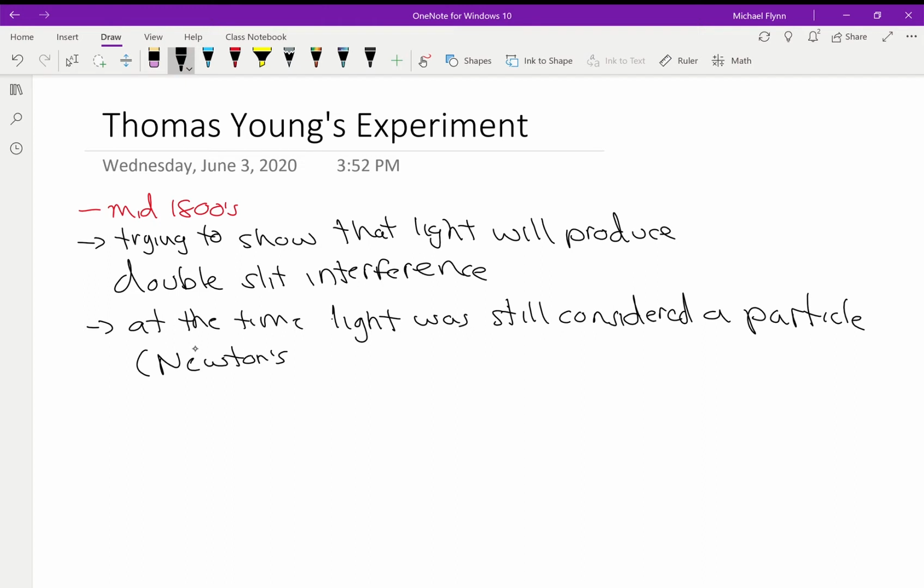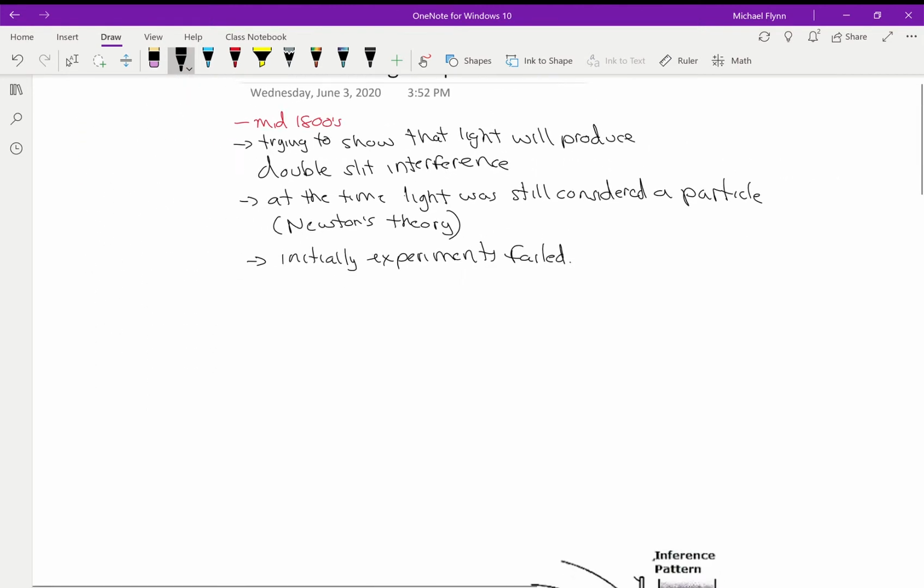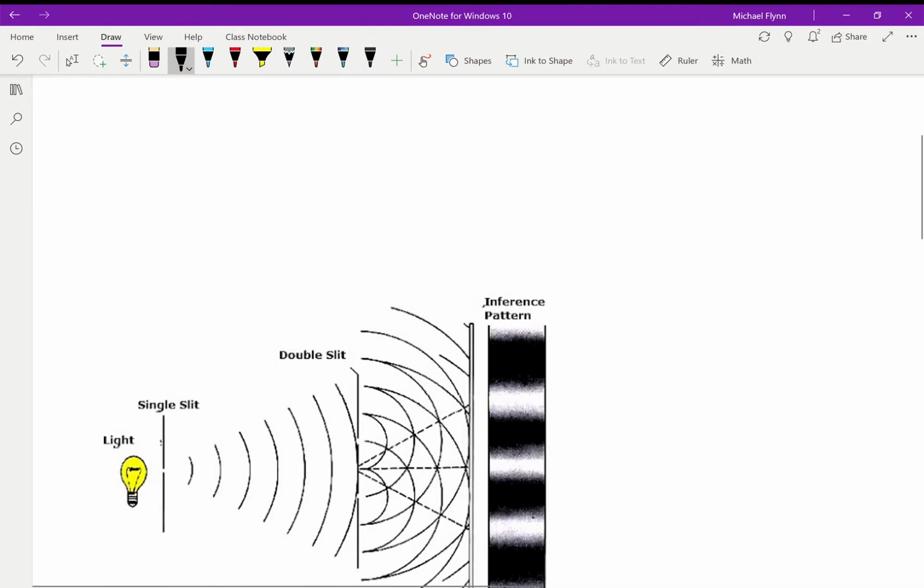That's how science works. So anyway, this was the situation at the time. The early experiments failed, and it seemed like light was a particle and not a wave at all. Okay, now I already explained what happened there. So let's just take a look.